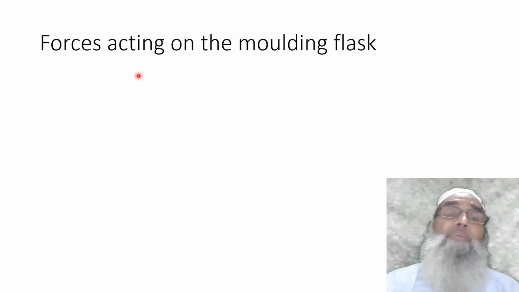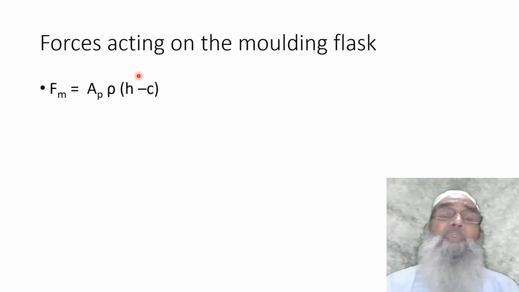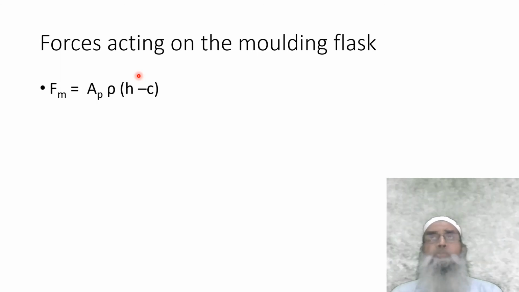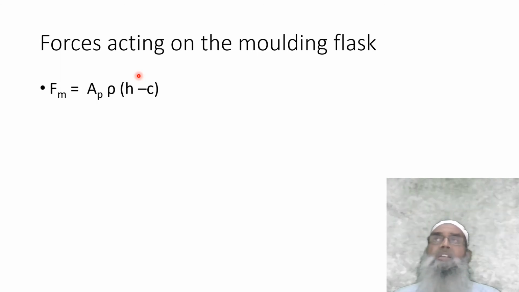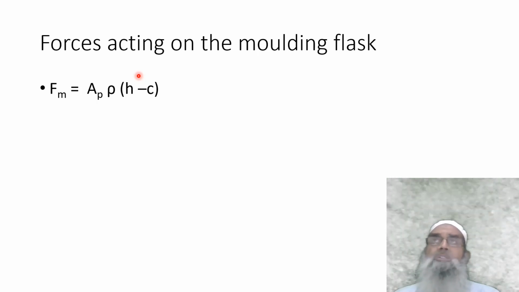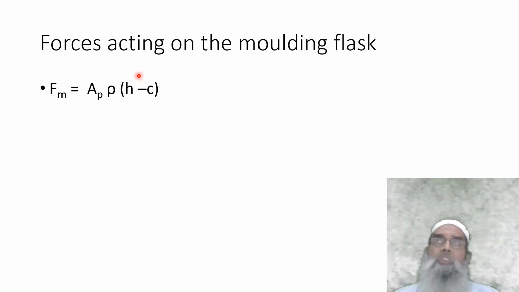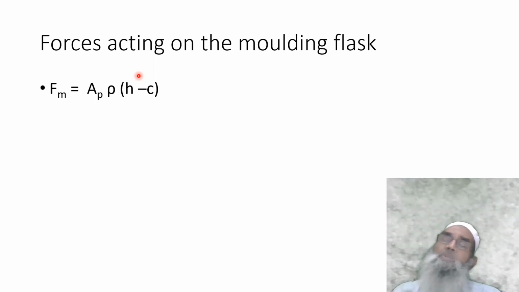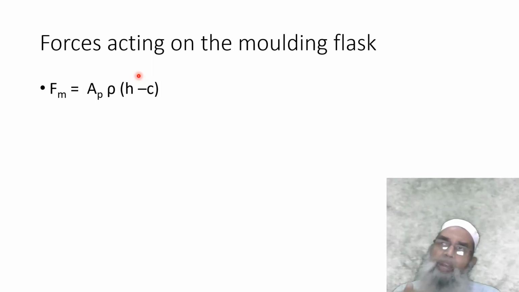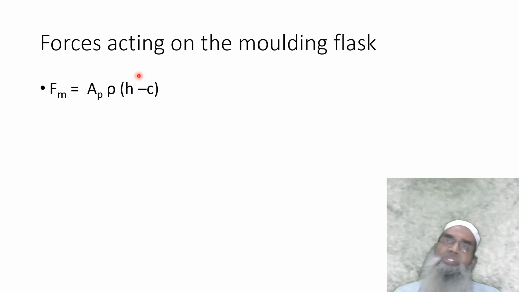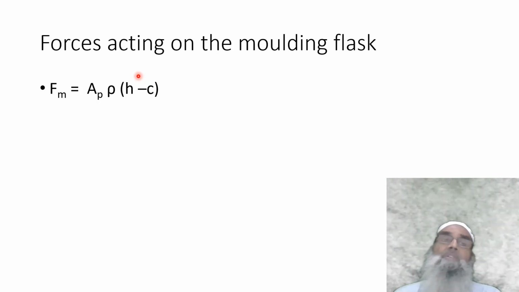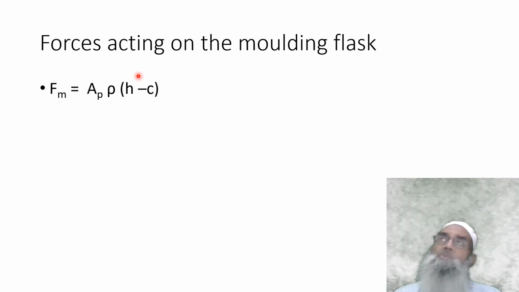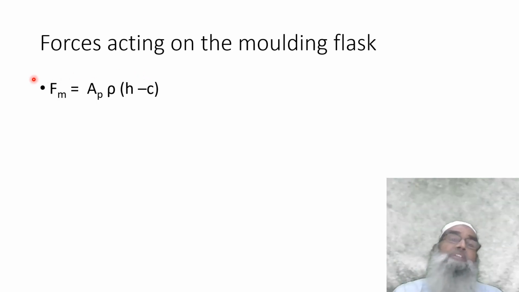Now let us see what forces act on the flask. The molten metal exerts a buoyancy force on the core. Not only this, the whole cavity will have a buoyant force on the cope itself. Therefore, we need to see what buoyant forces act.